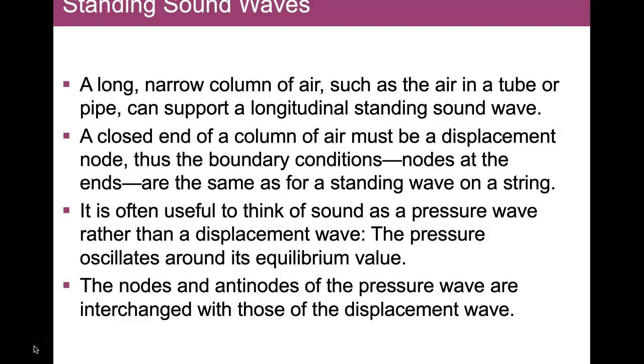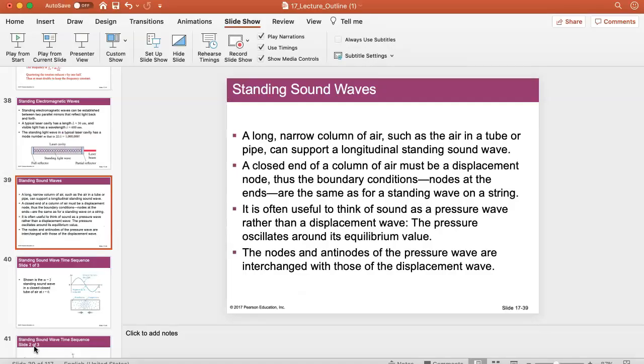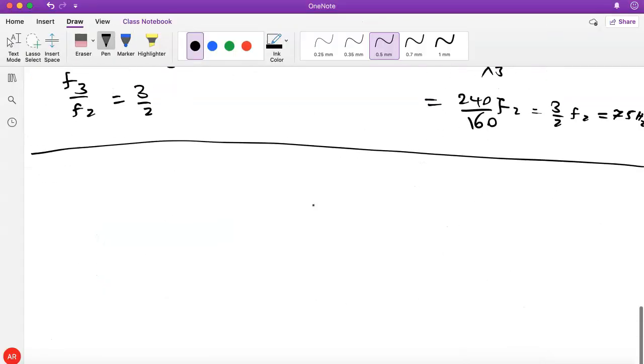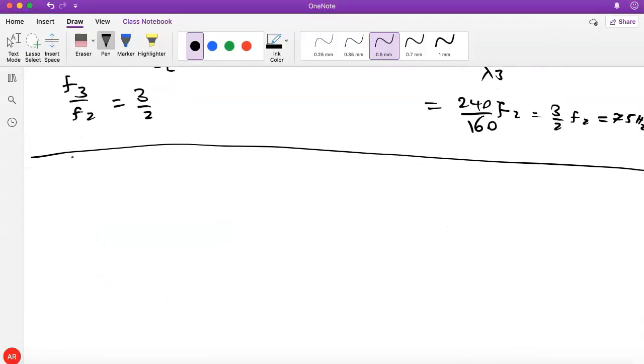So that gives a node in displacement. And if the end is open, then the air molecules are free to move. So it's the analog of the free boundary condition. So it gives an antinode.